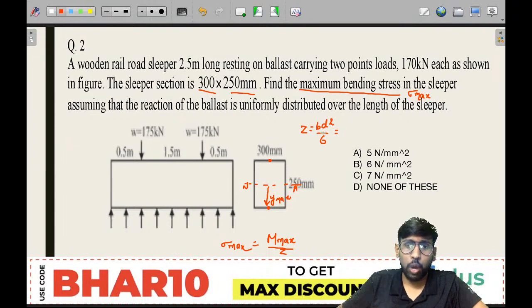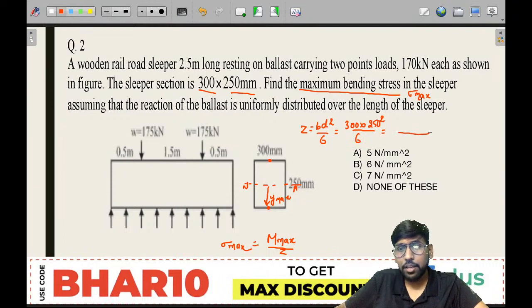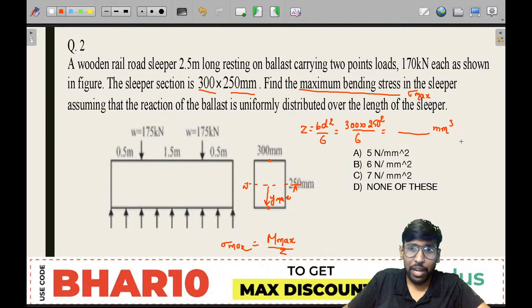Width is 300, depth is 250. So 250 whole square divided by 6. This is the value of Z, which you get in mm cube. Okay, so this is the value of Z.